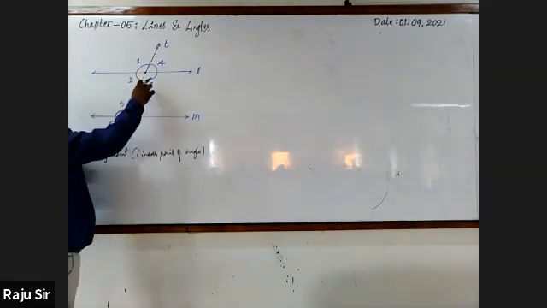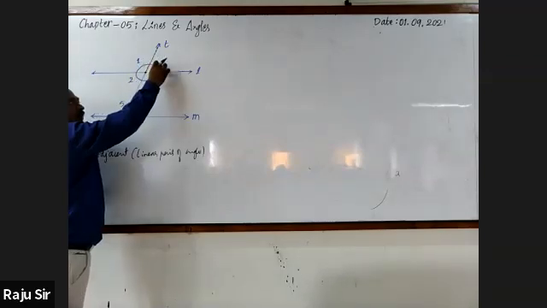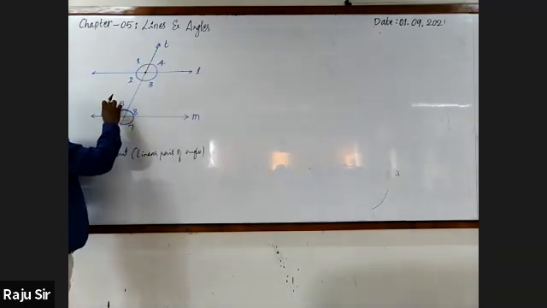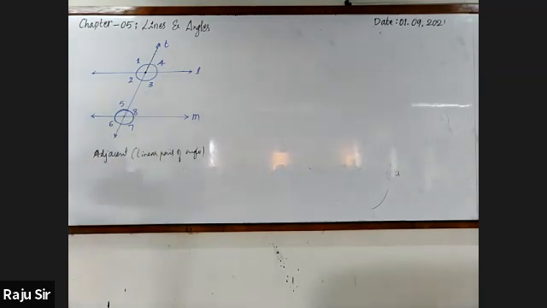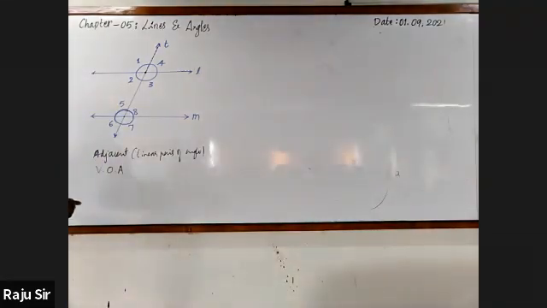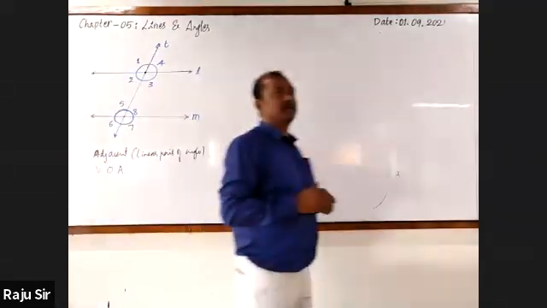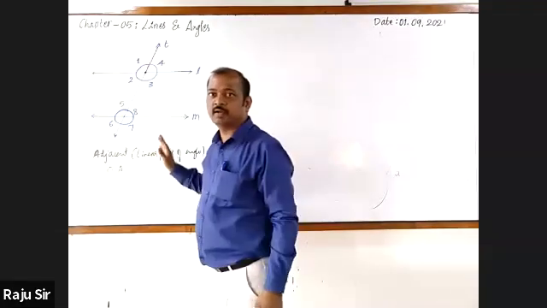Angle 1 equals angle 3, angle 2 equals angle 4, angle 5 equals angle 7, angle 6 equals angle 8. So we got vertically opposite angles. How many pairs of vertically opposite angles are there? 4 pairs. Next.